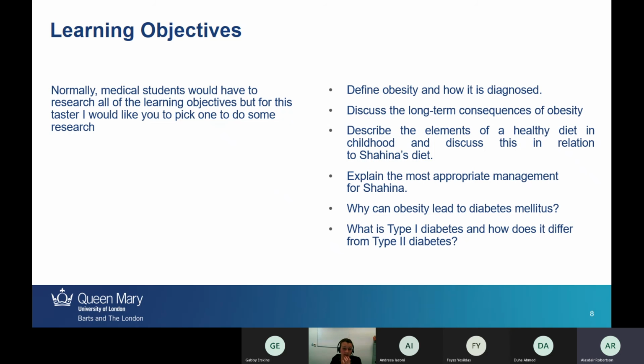It was nice to see that you have done your research. Hopefully that's given you an idea about how a PBL would work: going away, doing a little bit of research related to these learning objectives, and then having a discussion. I realise there's only a small amount of people here, and you're in year 12 as opposed to being in medical school.